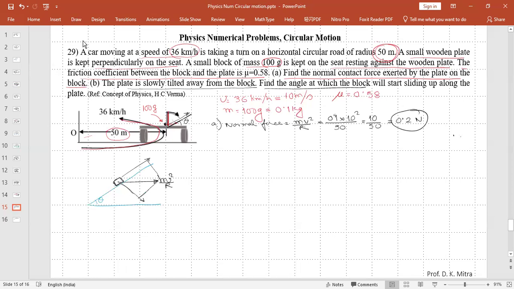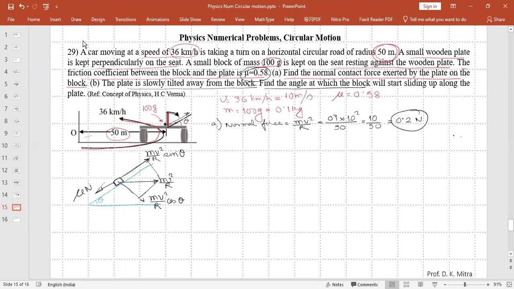Now, if this is theta, then this force is mv square by r cos theta, and this force is mv square by r sin theta. Now there is a friction of 0.58 between the block and the wooden plate. So if this force tries to take the block upward, there will be a friction mu n.